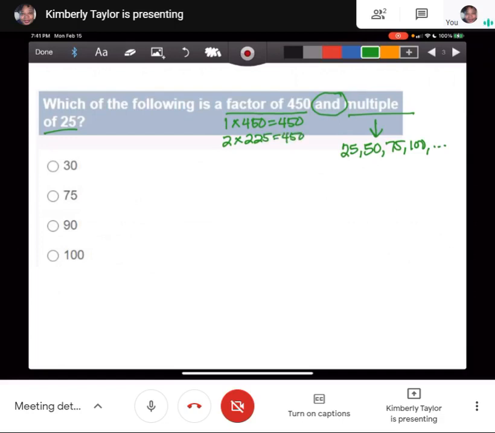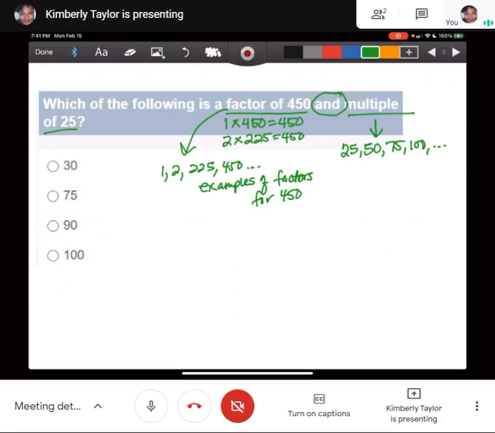So some factors would be 1, 2, 225, 450. These are examples of factors for the number 450. There are a lot more than this, but those are examples of factors.